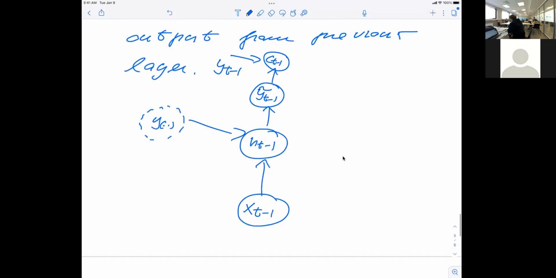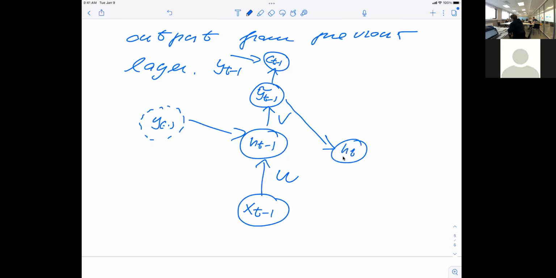We would then have the same matrices, V and W, or the same type of weights and biases which are needed in the connection between the input to the hidden layer. But then what happens now is that we would use this output from the previous layer as an input to the next layer.